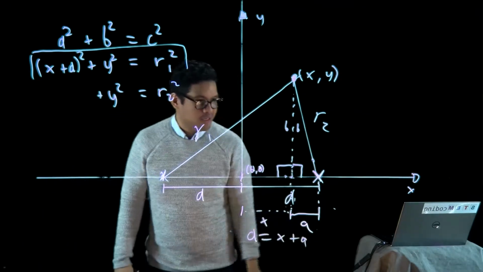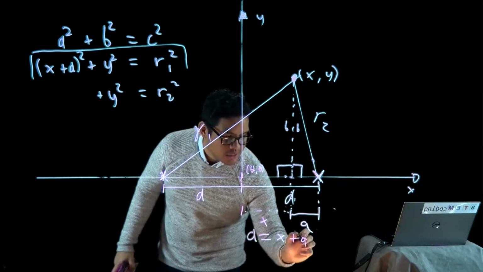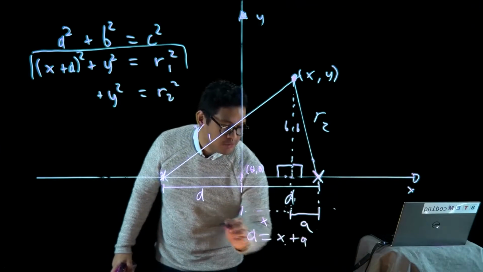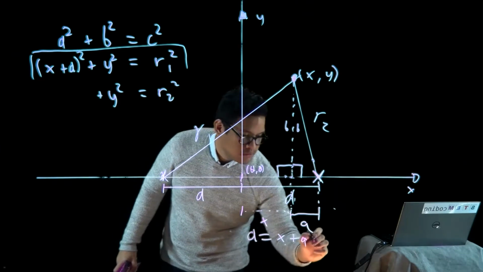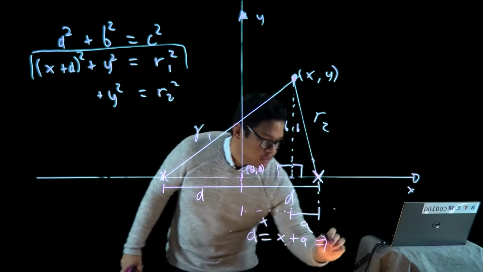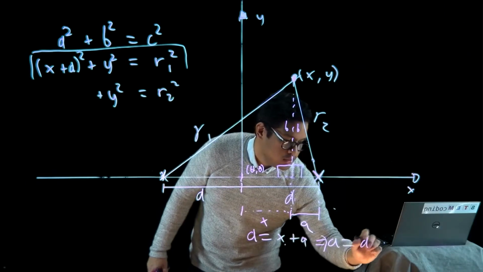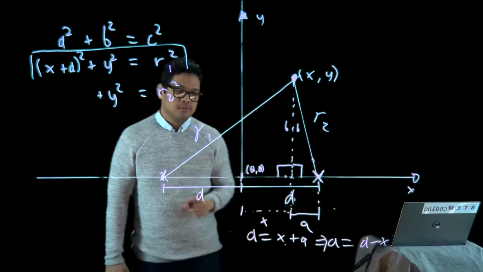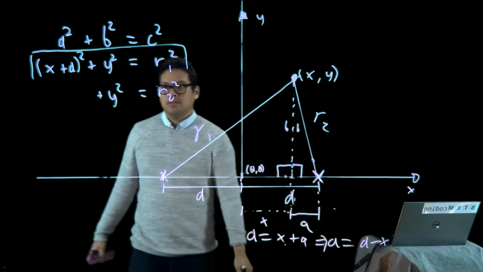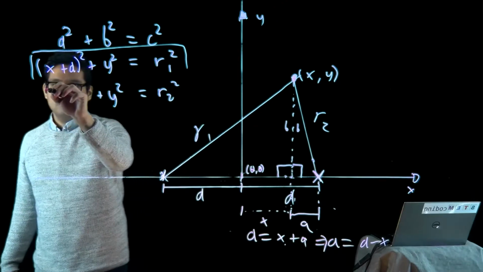But now we can solve for a. If we subtract x from both sides of this equation, we see that a is equal to d minus x. Okay, so let's put that as our length here.